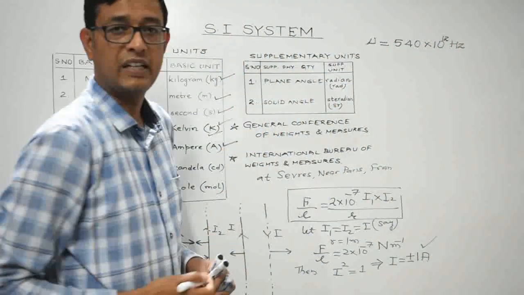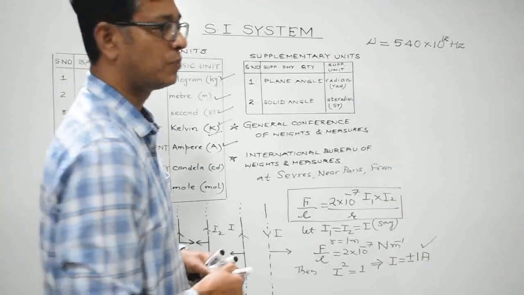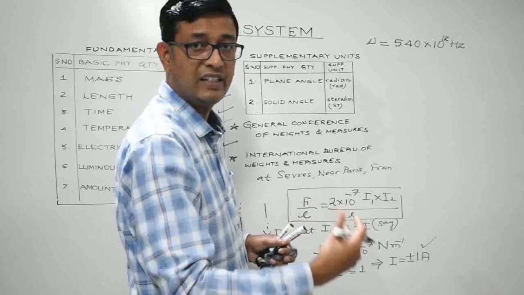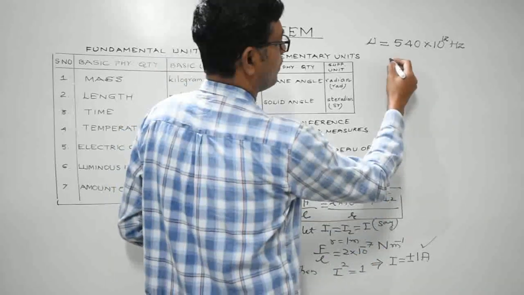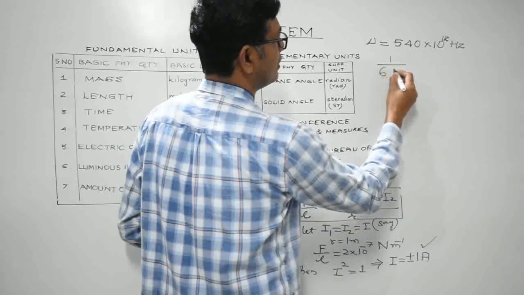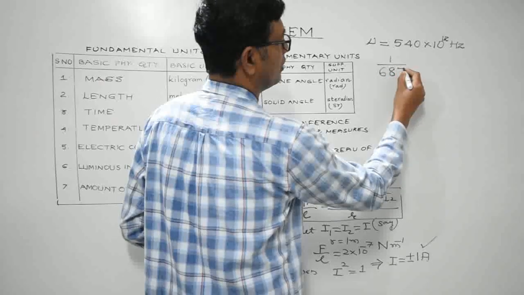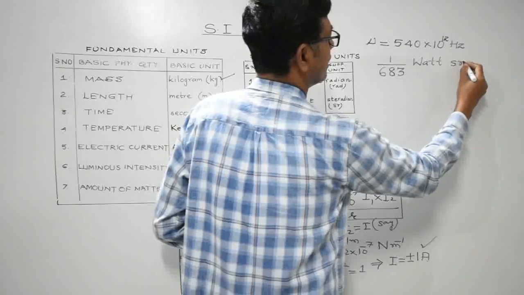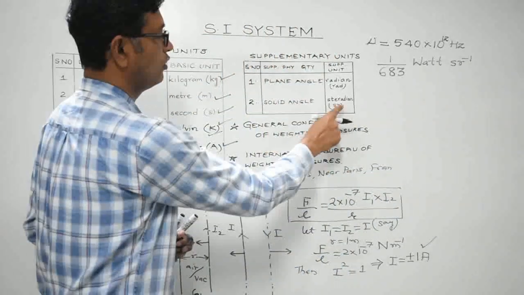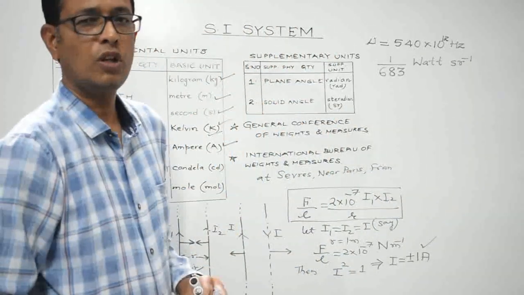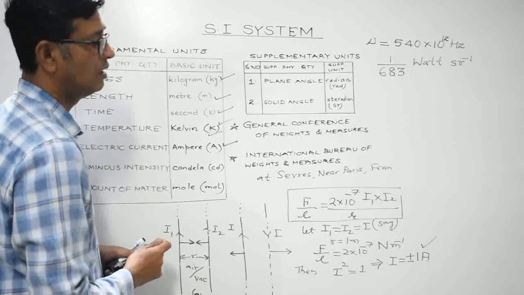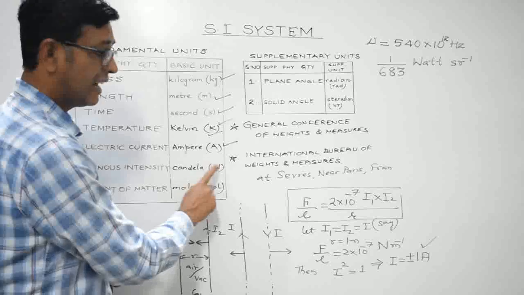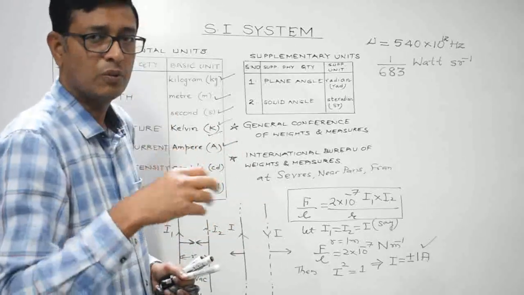And this monochromatic radiation so emitted must possess a radiant intensity of 1 by 683 watt per steradian. Steradian, I have told you, is the SI unit of solid angle. I am repeating this statement: we will discuss it in detail in +2.